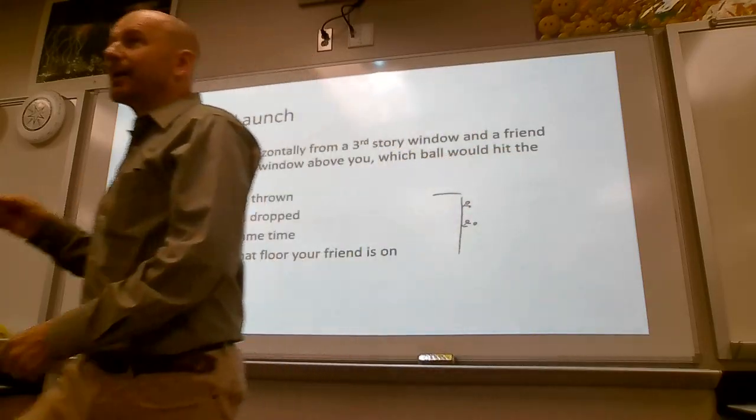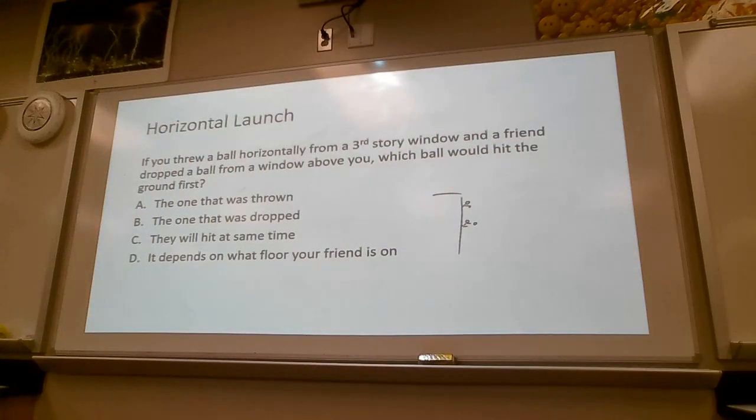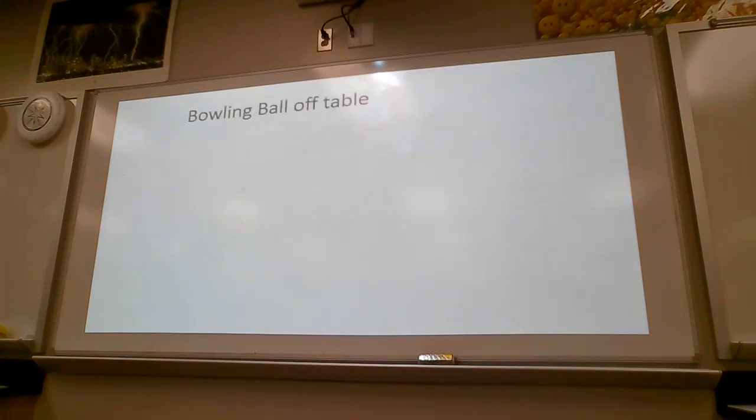Because I threw it horizontally, it doesn't matter. Vertically, they both start at rest. They're independent of each other. Am I beating this into your brain? I don't care if it's going horizontal. It started at rest vertically.